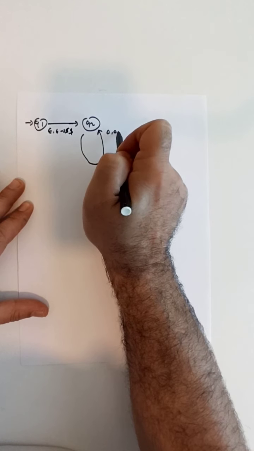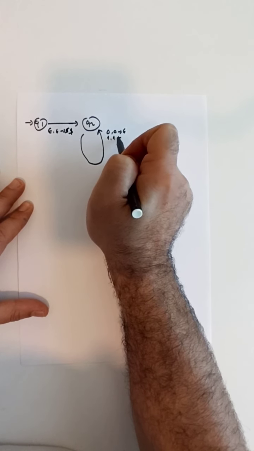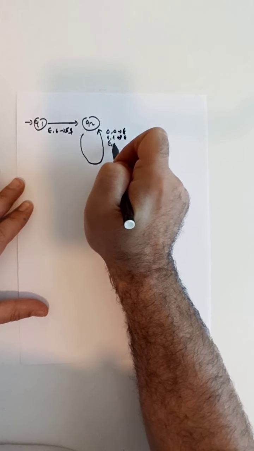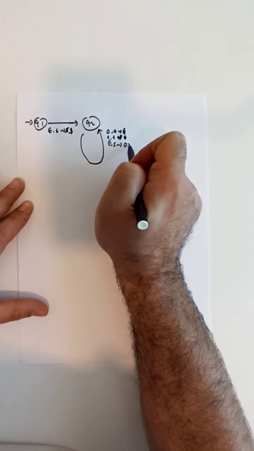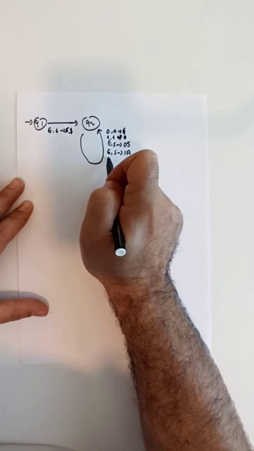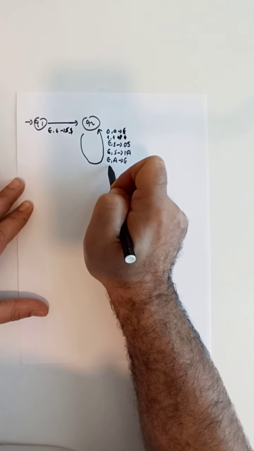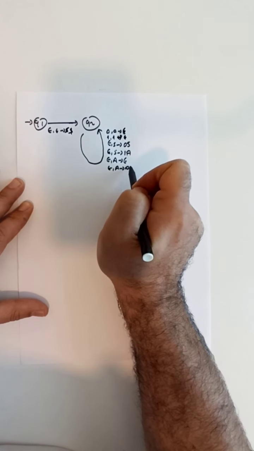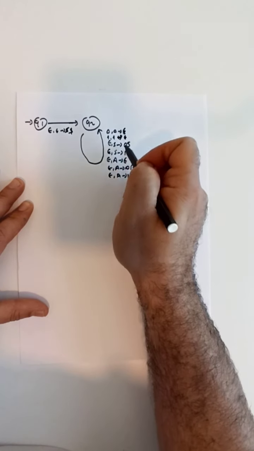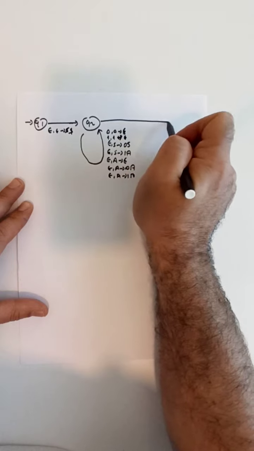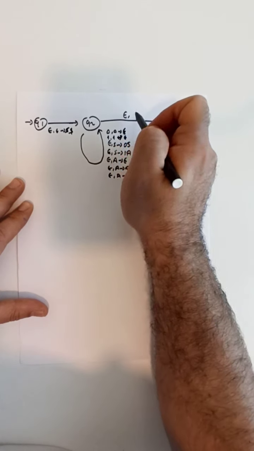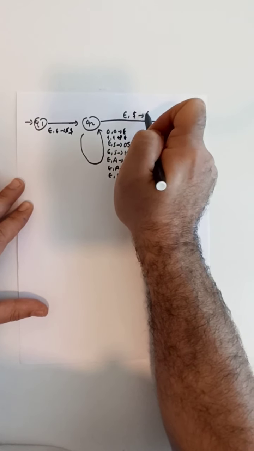We have 0, 0, epsilon, 1, 1, epsilon, corresponding to terminals, and then we had for the variables, epsilon s goes to 0s, epsilon s goes to 1a, epsilon a going to epsilon, epsilon a going to 0a, epsilon a going to 1a. These were the transitions corresponding to our variables and our accepting state Q3, where we go there with the transition epsilon dollar epsilon.